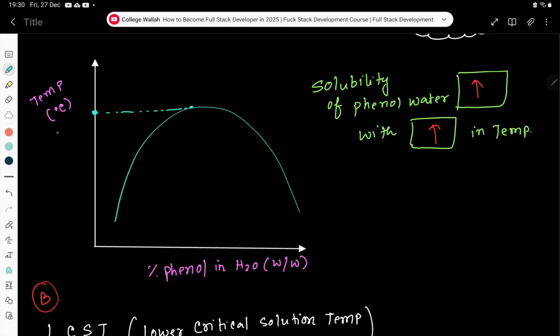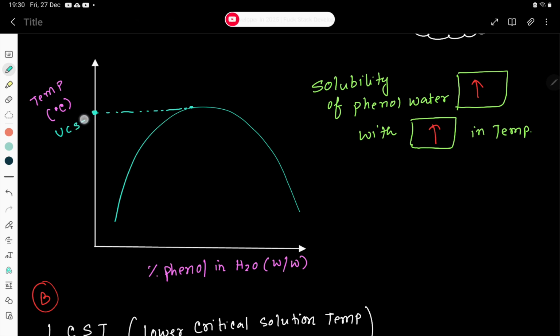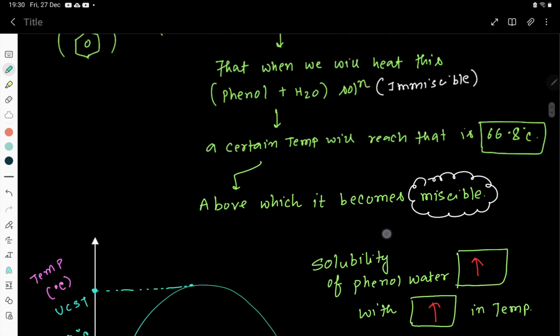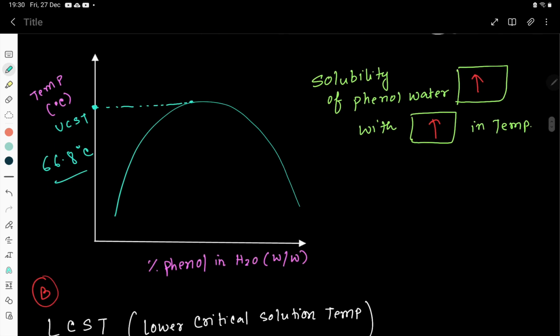This is the UCST, upper critical solution temperature, and the value of this will be how much? It will be 66.8 degrees Celsius. And here what we can see is that we have to take the y-axis as temperature in degree Celsius, and the x-axis as percentage phenol in water, W by W.